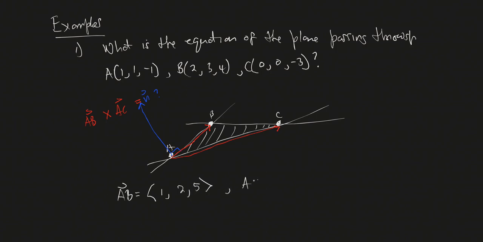And then AC is the vector 0 minus 1, so that's negative 1. 0 minus 1, another negative 1. And then negative 3 minus negative 1, so that's negative 2. So we found these two vectors in red. Now let's use the cross product to get the vector in blue.